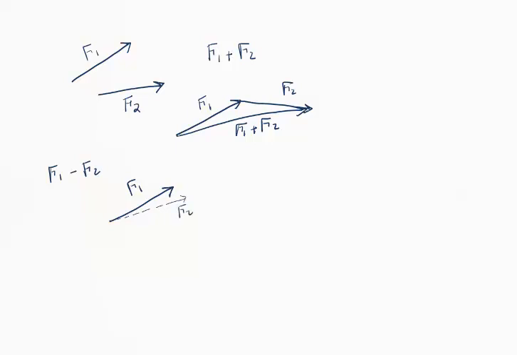So minus F2 will be in this direction, same magnitude, and we can just complete the parallelogram here. This will give us F1 minus F2.